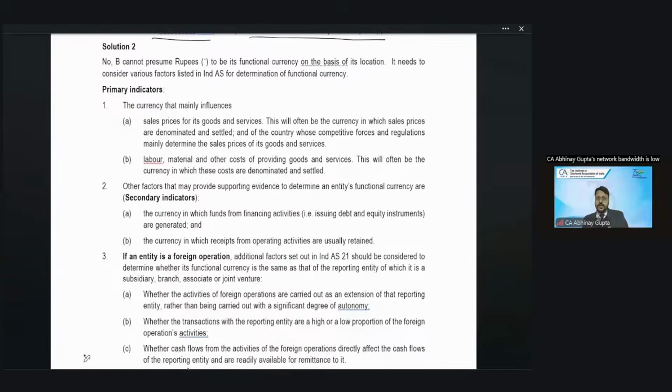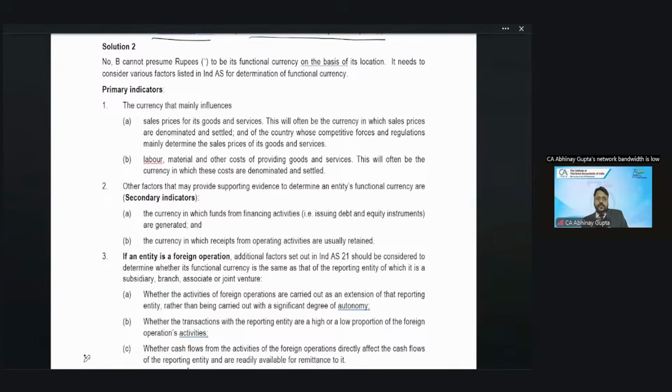So this is how we are going to present our answer in the examination. Although I'm not saying that you need to mention all the conditions in their bare form. You can use your own language or own wordings, but you need to be able to demonstrate that you know all the indicators by heart and are able to articulate.